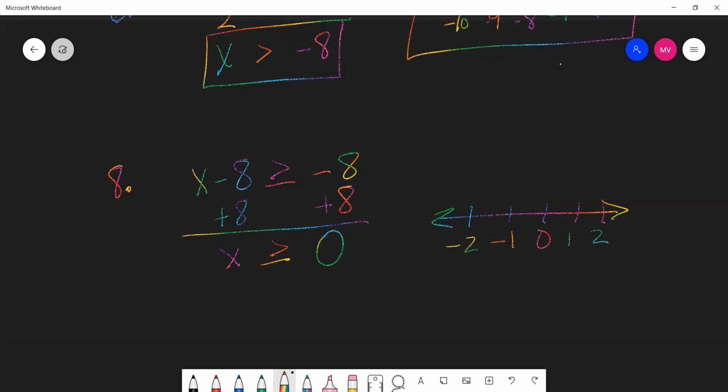All right, so our graph starts at 0, and is it open or closed? It's closed because 0 is included. It's equal to. So we have a closed circle, and then should x get bigger or smaller? Bigger. Yeah, so we move to the right.